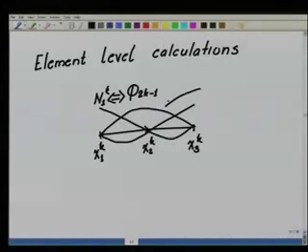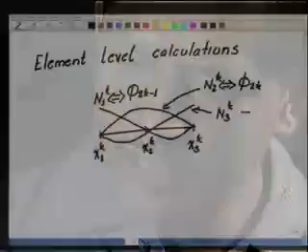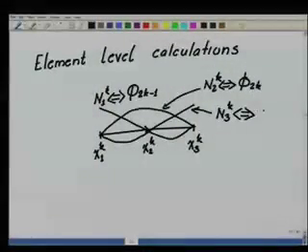This one is n2 of element k, which is equivalent to phi 2k, and this one is n3 of element k, which is equivalent to phi 2k plus 1 in the element k.